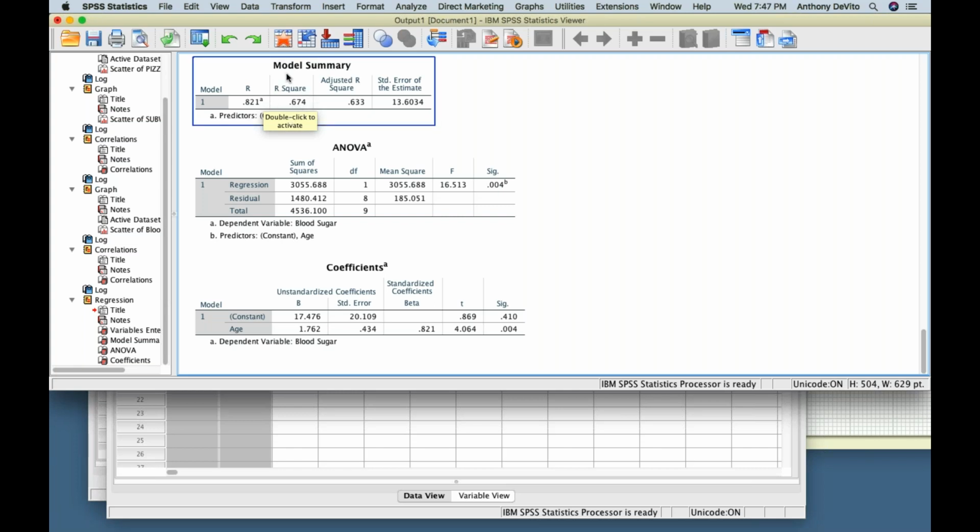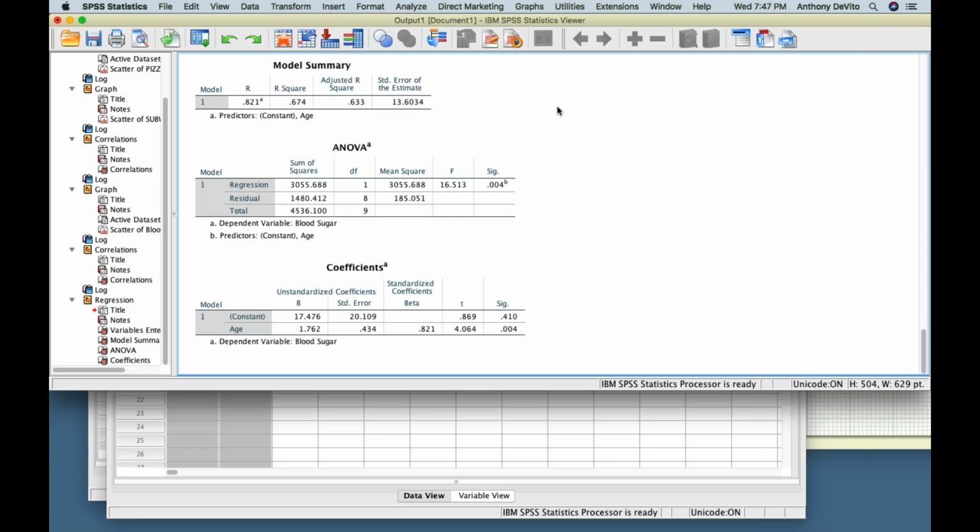Anybody remember something interesting that he told us about R squared? In addition to calculating it by just multiplying R times itself, what other way do you have that you can calculate it? Anybody remember what that is? It's a ratio of the variability in predicting the y value from x.